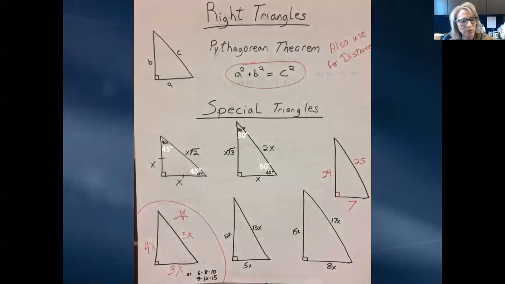All right, let's talk a little bit about some special kinds of triangles called right triangles. When you have a right triangle, you can find the length of the sides. If you have 2 of them, you can find the other one by using the Pythagorean theorem. So the Pythagorean theorem says that a squared plus b squared equals c squared.